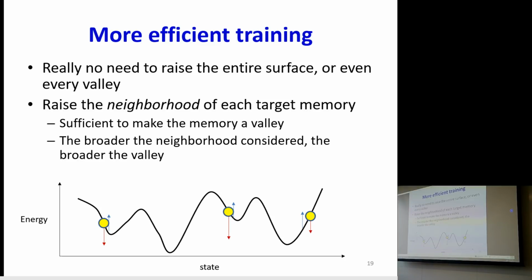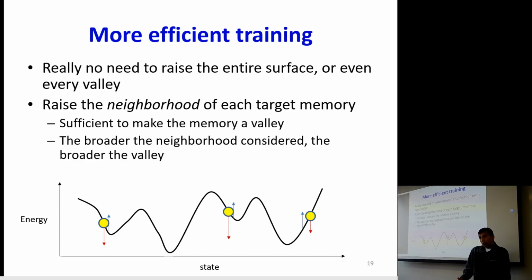Anyway, moving on. We also saw a little extension to it, which is that we don't really need to go all the way down to the valley to raise the energy. You just want to move away from the target pattern. If you move away from the target pattern, you want the neighborhood to be higher than the target pattern itself. So one way to do that is to start from this location, but instead of letting it evolve till it hits a minimum, you let it evolve for a few iterations.